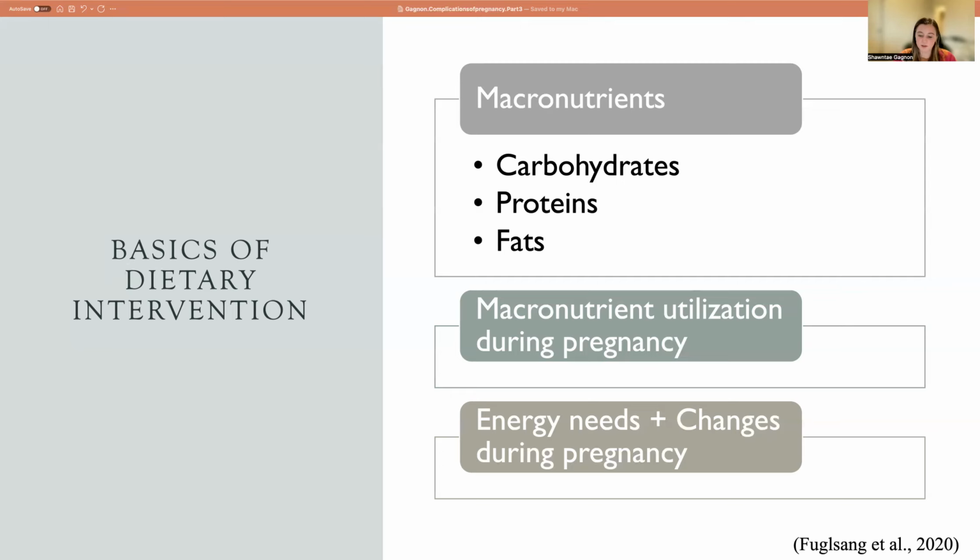And then during the third trimester, and if they are breastfeeding during the postpartum period, it's recommended to add 530 calories per day. So breastfeeding burns a lot of calories and requires increased energy. So breastfeeding, they would still need to have that 530 extra calories. If they don't breastfeed, then technically they wouldn't need that increase in calories, just so that they know that.